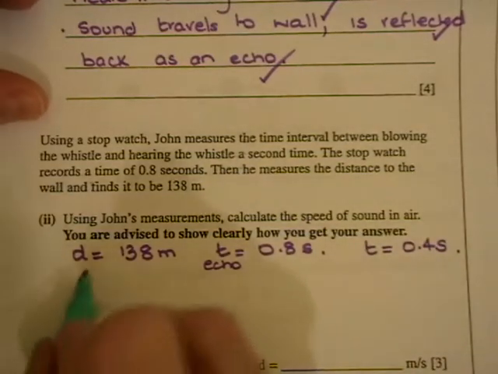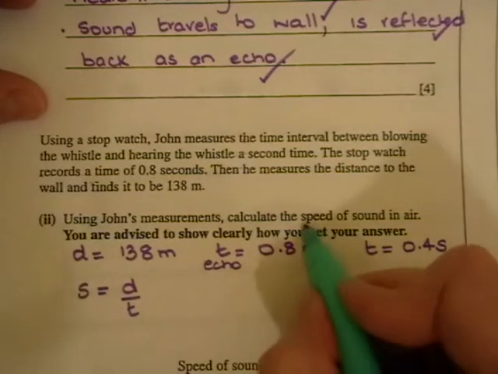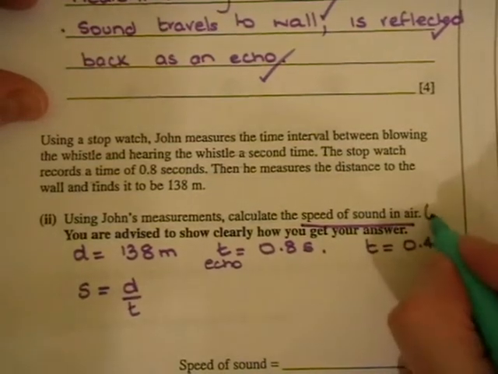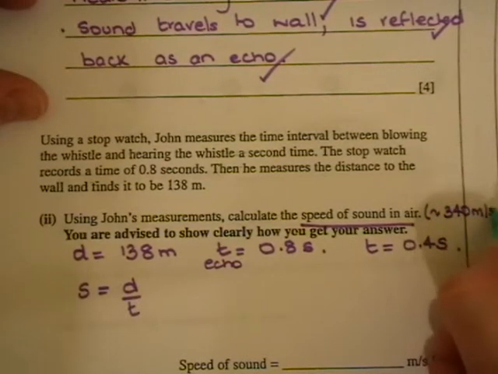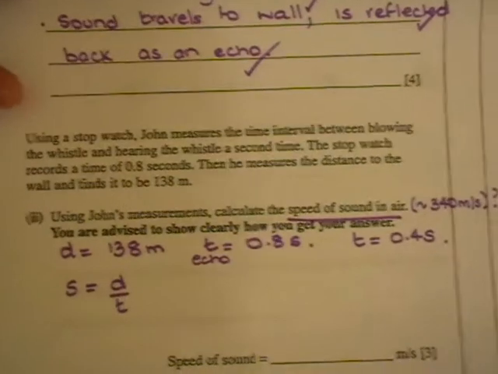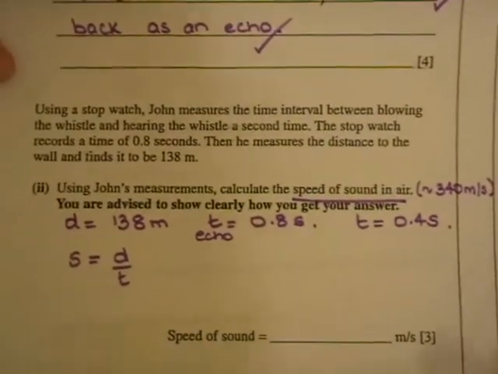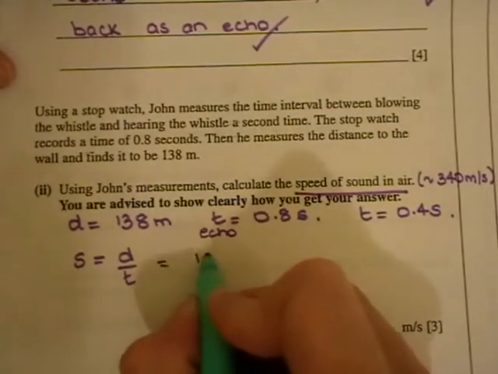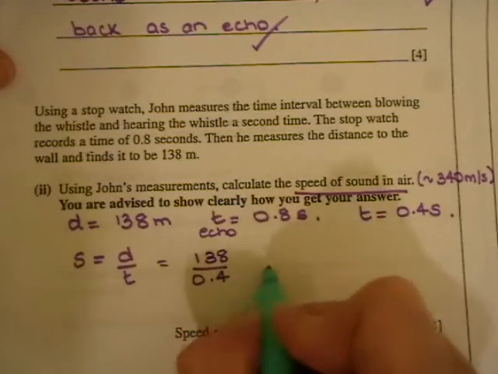So speed is distance over time. Again, we should know the answer we're thinking about getting. Speed of sound in air, we know, should be approximately 340 metres per second or thereabouts. So I'm just putting a question mark there. You're not obviously going to write that in, but we're thinking about an answer like that. So distance is 138. The time is 0.4 seconds.